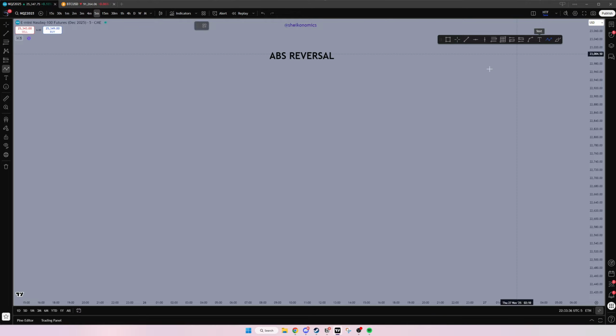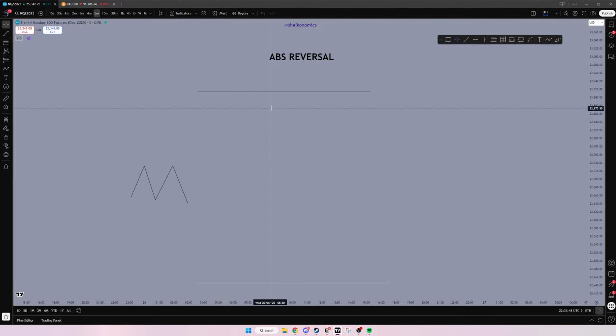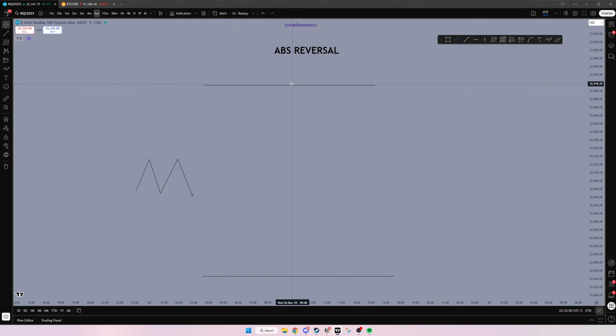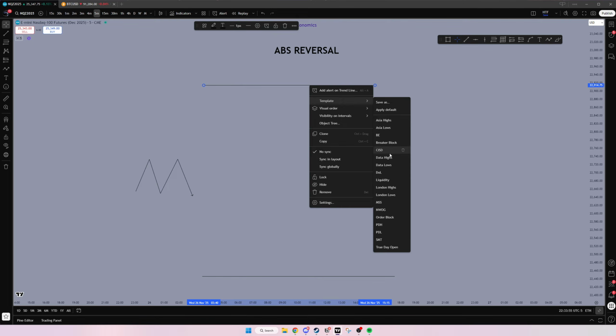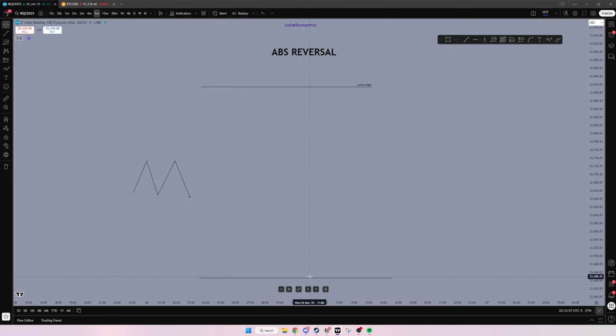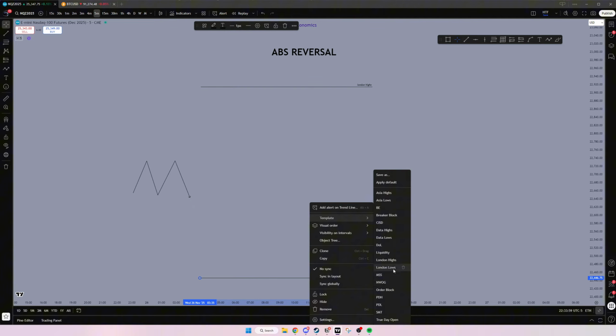For this case, let's pretend that price is trading around here and you have a drawing liquidity sitting above and one sitting below. This can be any type of key level, any type of major liquidity. Let's say this right here is London highs and you have Asia lows right here.